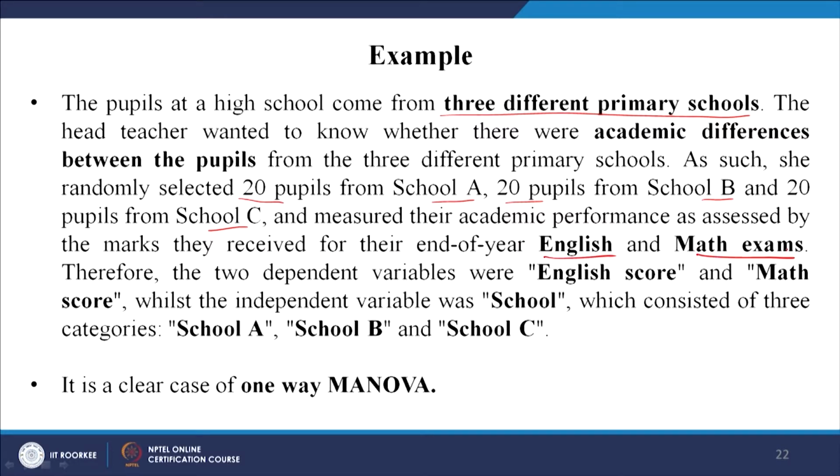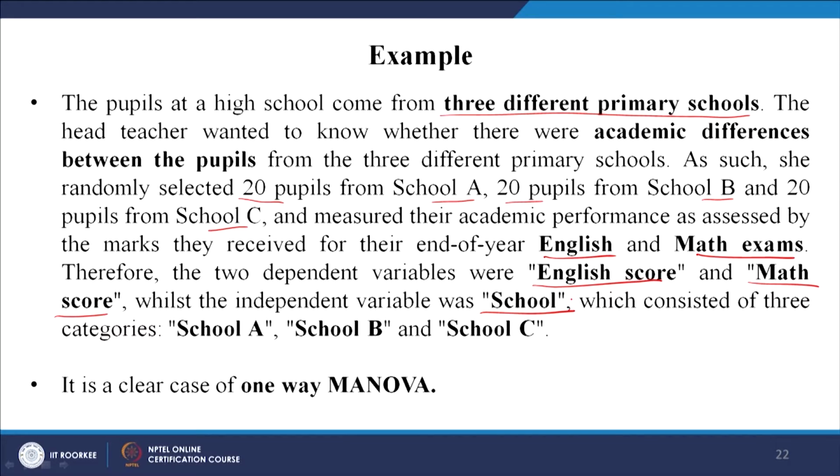So, 2 exams were conducted, and we look at the scores students from school A, B and C got for English and maths. So, my 2 dependent variables are the English score and the maths score, while my independent variable is only school. Since I have only one independent variable, it is a case of a one way MANOVA, which consists of 3 categories, A, B, C.